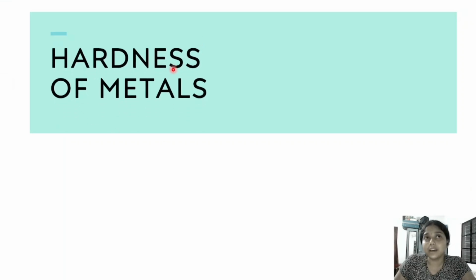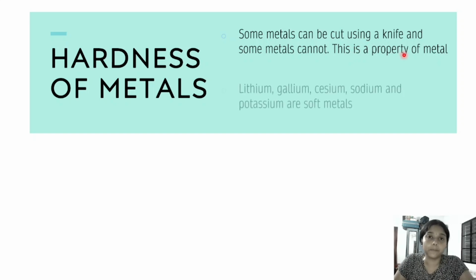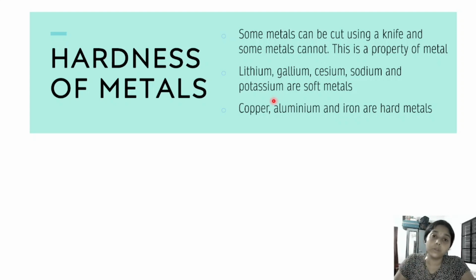So, the metals are hard and also soft. Some metals can be cut using a knife and some cannot. Lithium, gallium, cesium, sodium, potassium are soft metals and they can be cut using a knife, while copper, aluminum, iron are hard metals and they cannot be cut with a knife. They need machinery to cut.